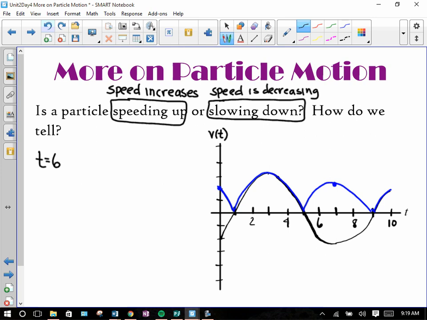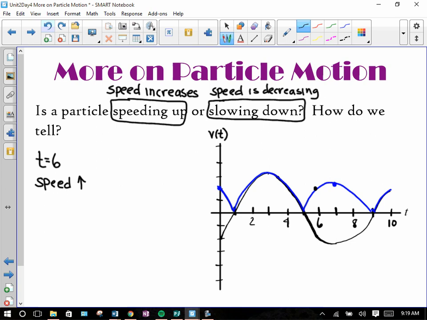At t equals 6, is this speed increasing or decreasing? It's increasing because our speed function is moving up. We went up at t equals 6. It's increasing. So the speed is going up.